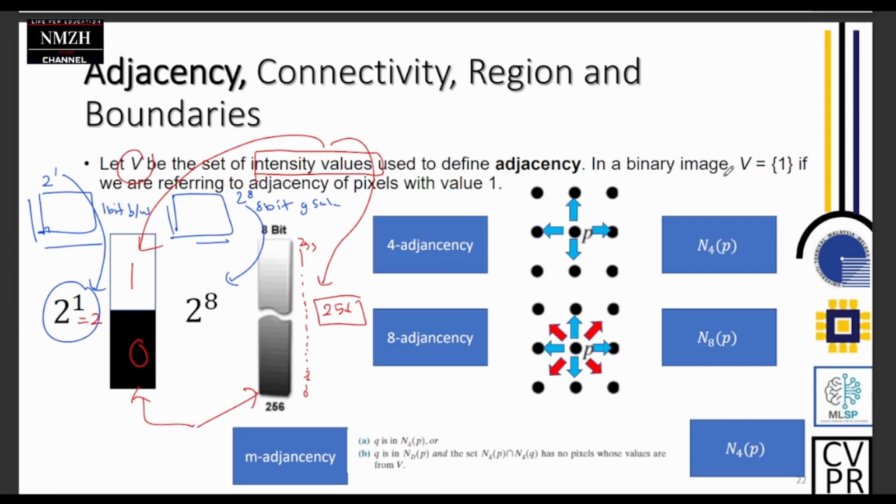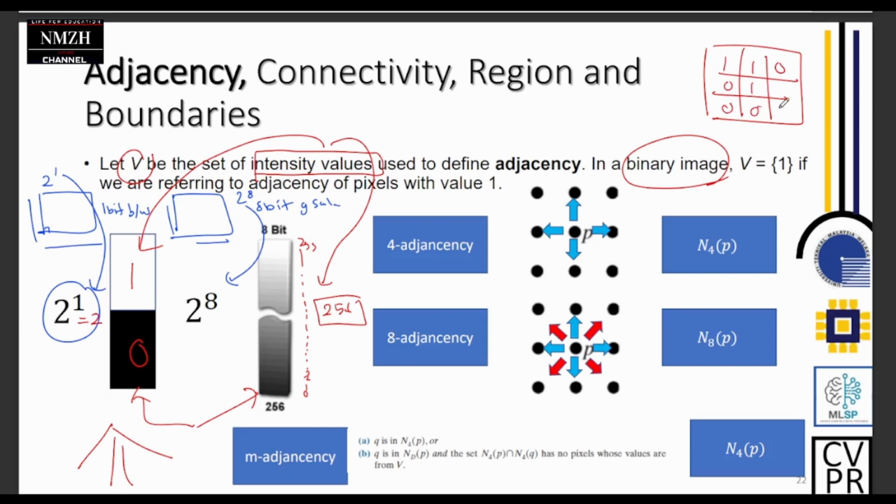In a binary image, V is 1 if we are referring to adjacency of pixels with the value 1. Let's say in one image we have 3 times 3 pixels: 1, 1, 1, 0, 0, 0, 0, 0, 0. This is a 3 times 3 pixel 1-bit binary image.